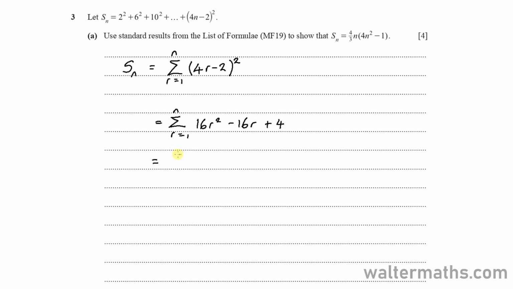Now this is equal to the summation from r is equal to 1 up to n of 16r squared, minus the summation from r is equal to 1 up to n of 16r, plus the summation from r is equal to 1 up to n of 4.